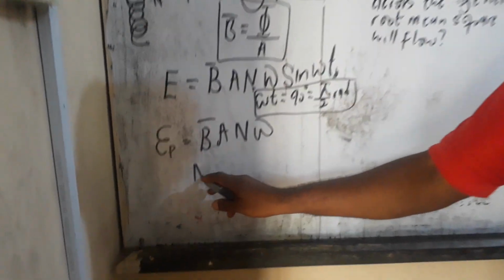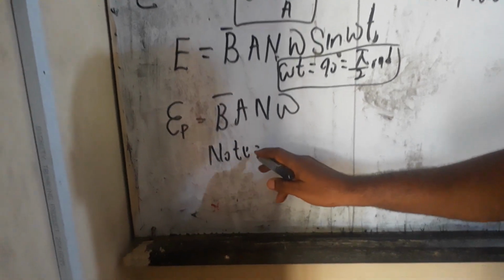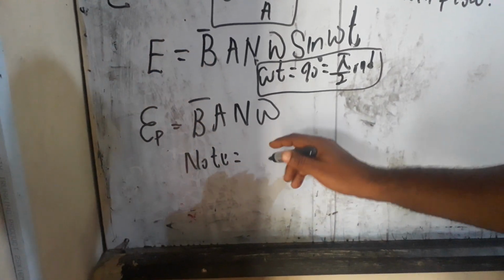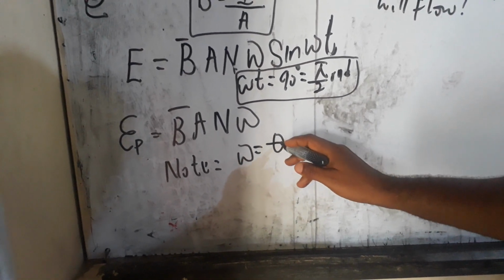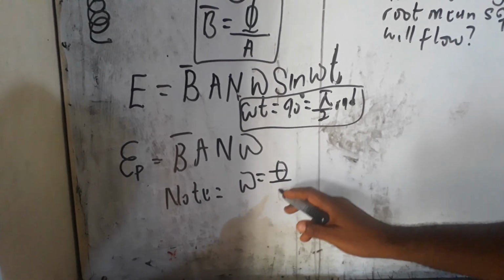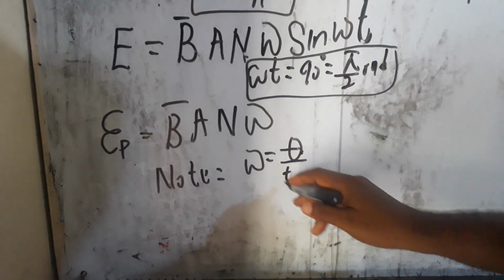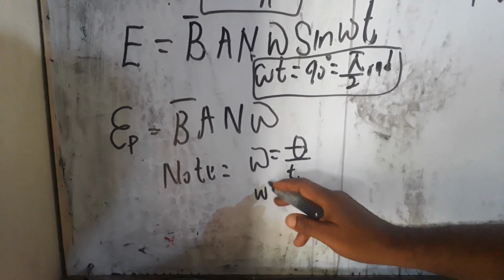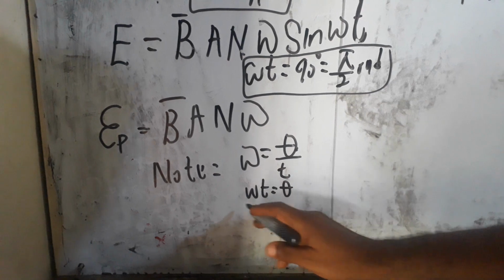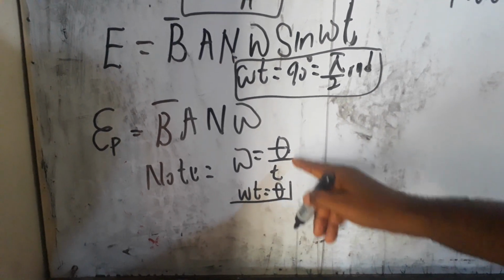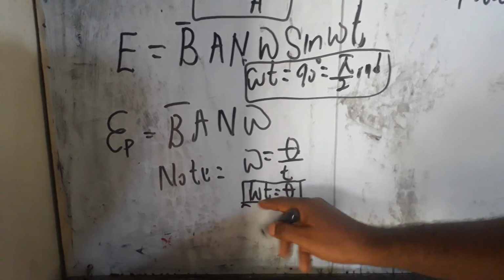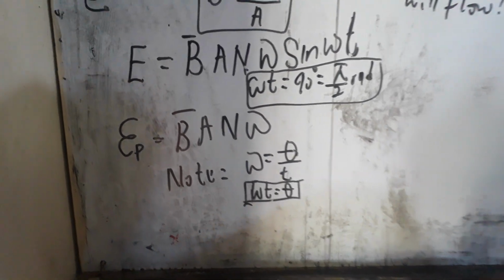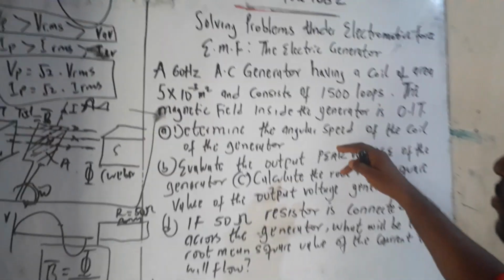Also take note of this. Angular speed is defined as angular displacement divided by time, so omega t is equal to theta. Angular displacement theta is angular speed times time. Take note of that. Now let's go to this question.